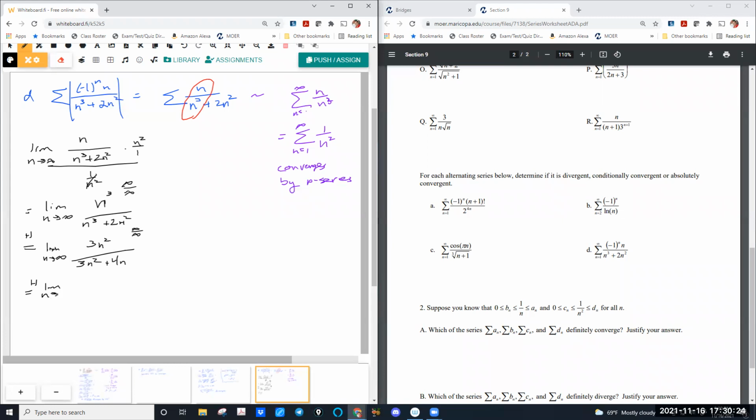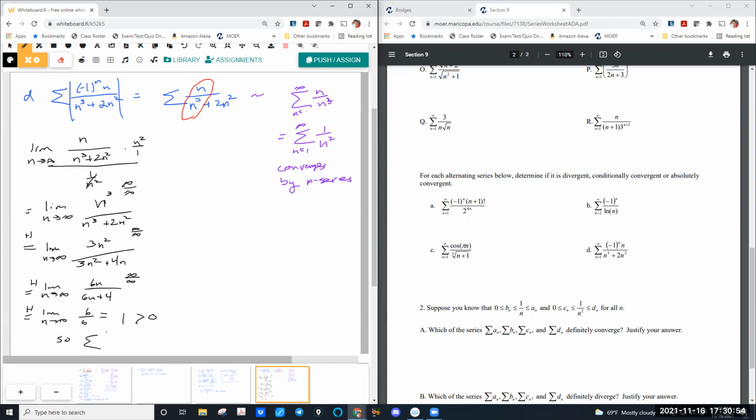Limit as n goes to infinity of 6n over 6n plus 4. All right. Once again, an infinity over infinity case. L'Hopital's again. You can use it as long as you still have your indeterminate form. And you get down to 6 over 6, which is just 1, which is greater than 0.